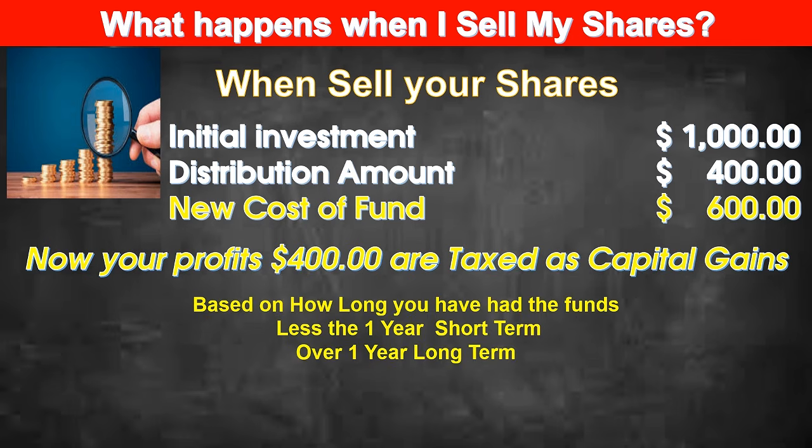Based on how long you've had the fund, if it's less than a year, you pay short term. If it's over a year, you pay long term. In this scenario I'm giving you, I sold it in only 10 months, so it's actually a short-term gain.